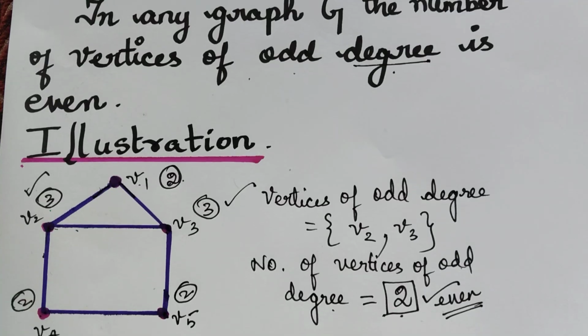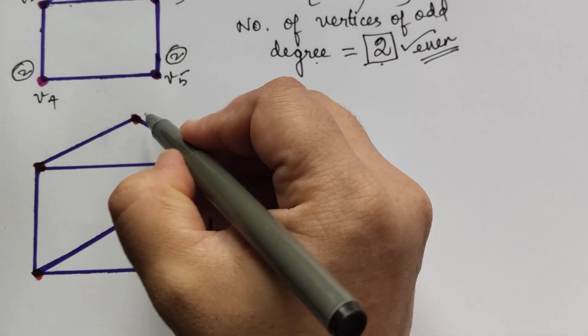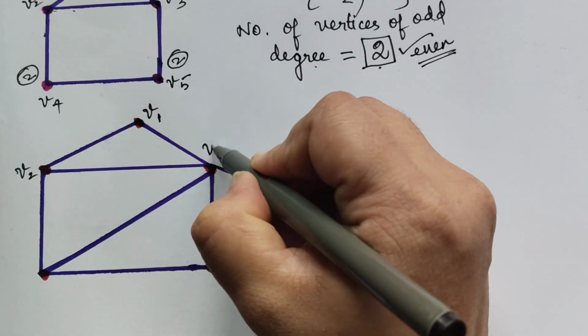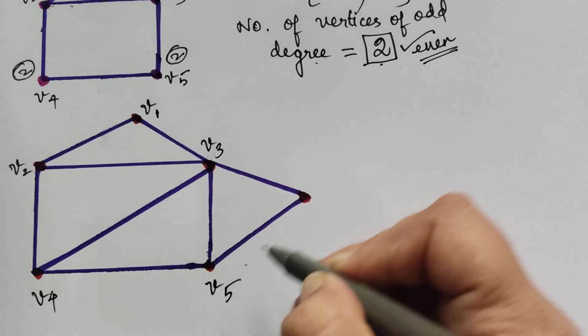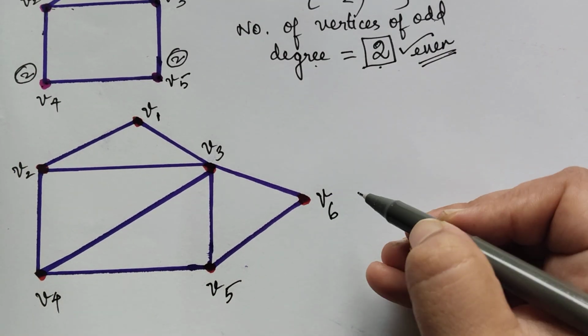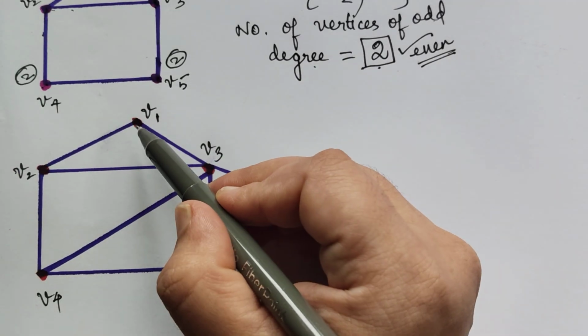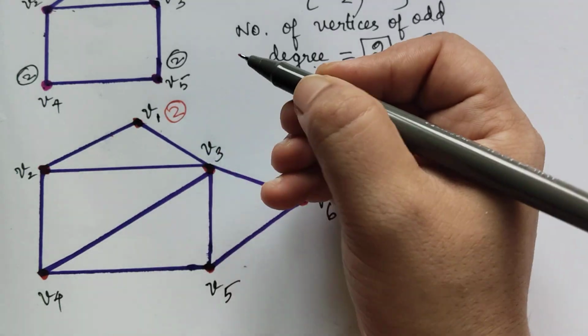To understand this better, we will consider one more example. Now here we have another example, and let the vertices of this graph be V1, V2, V3, V4, V5 and V6. Now we shall write the degree of each vertex. What is the degree of V1? The degree of V1 is 2.